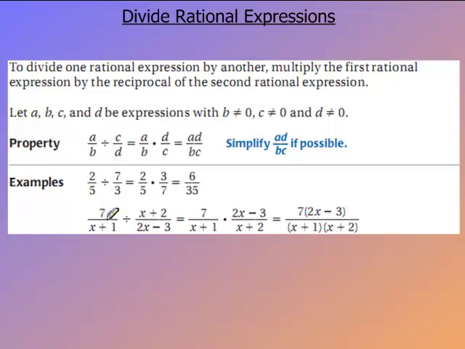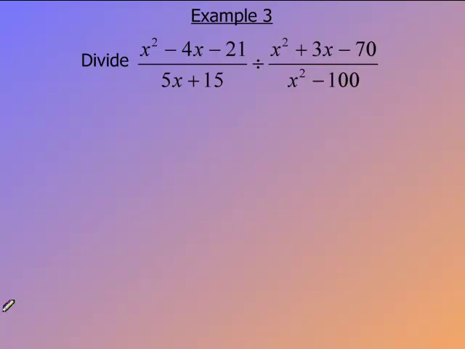And we would do the same thing when we're dealing with rationals. So I'd flip the second rational, so the 2x minus 3 that was in the denominator is now in the numerator, and then multiply together. In this case, there's nothing to simplify, so you would leave it like that. So you can flip and you can multiply, you're good.